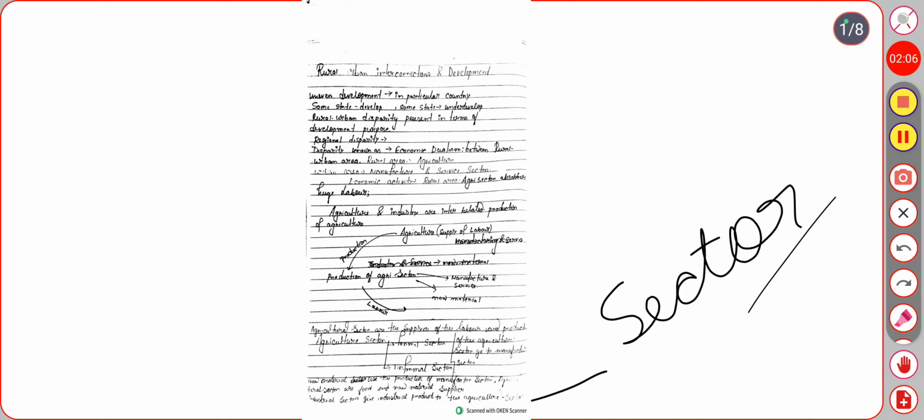The agricultural sector can have two types, formal sector and informal sector. And the raw materials are used as a factor of production in the manufacturing sector.